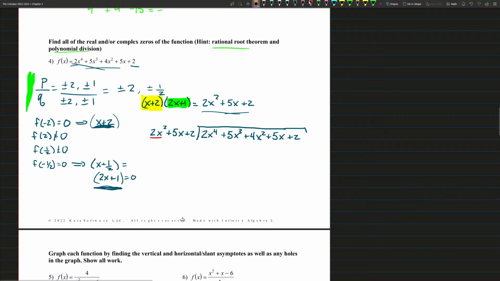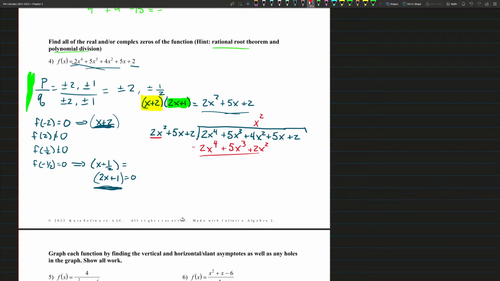All right. 2x squared goes into 2x to the 4th x squared times. When we do that, we get 2x to the 4th plus 5x cubed plus 2x squared.